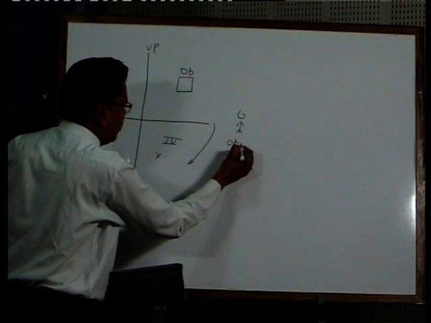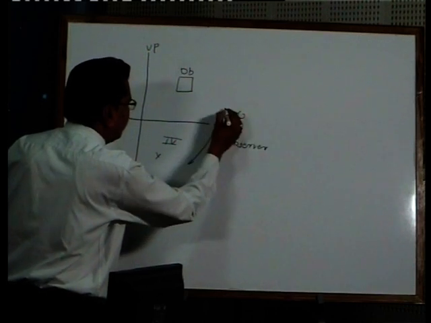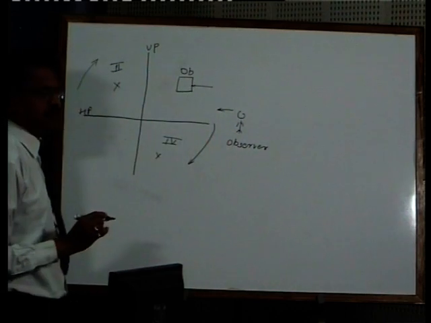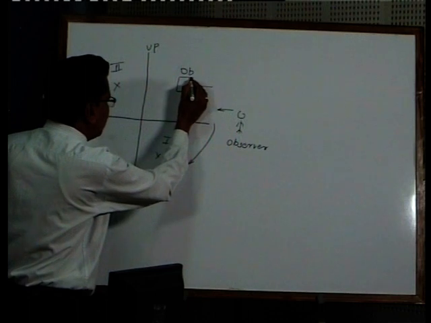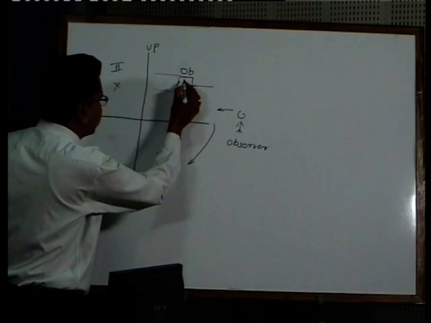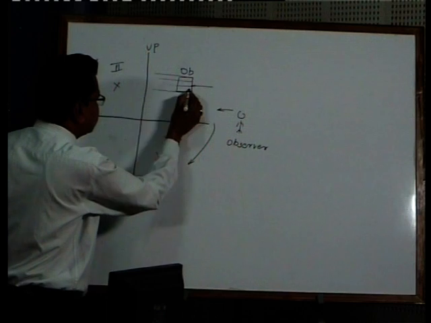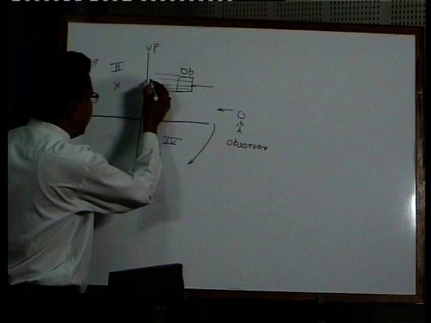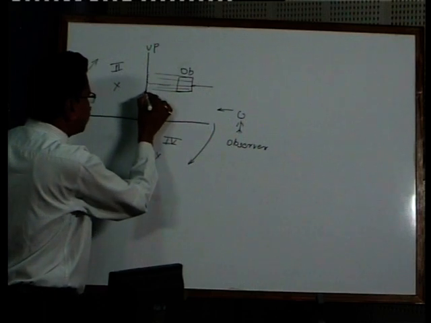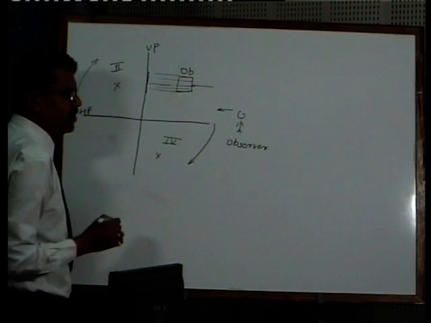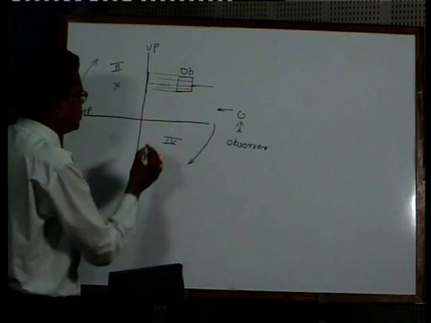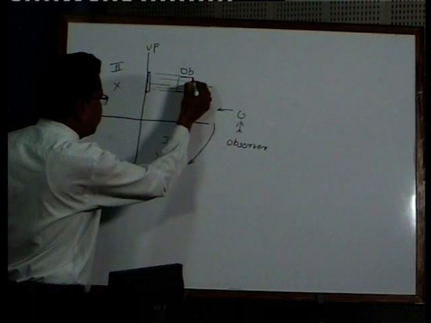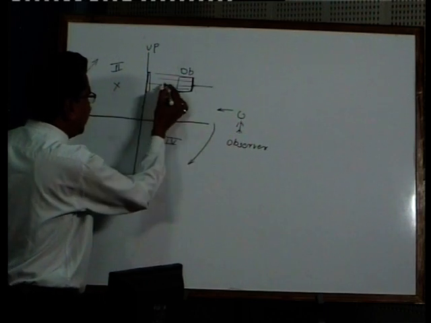When you observe this object exactly in the perpendicular direction to the surface of the object, your line of sight passes over the contours of the object, goes to the back side, and you get an image on this vertical plane. So you get the picture or image of the object which you see from the front direction.